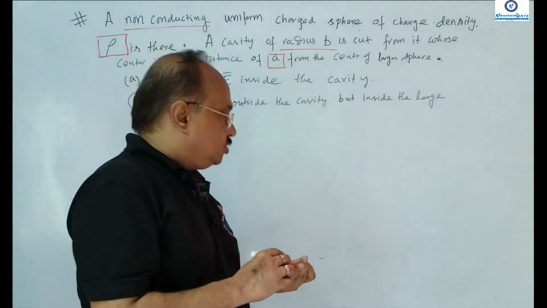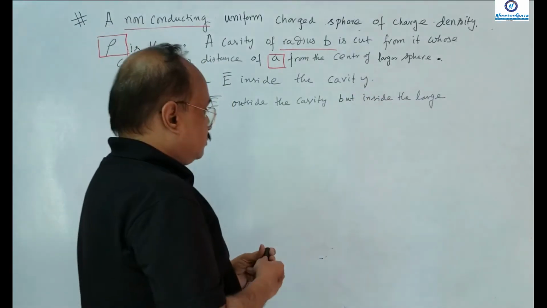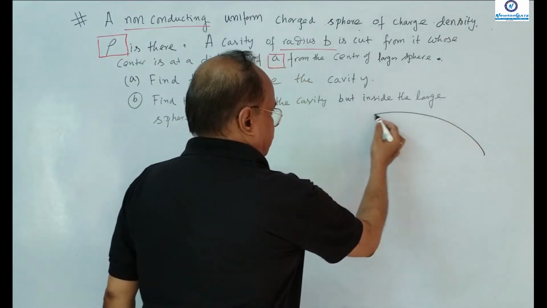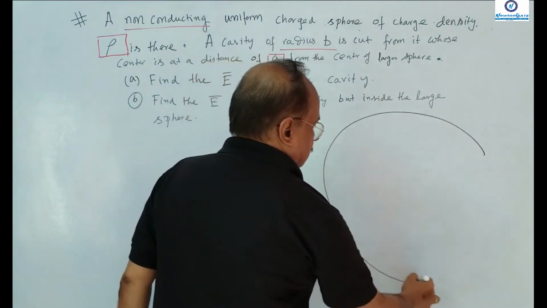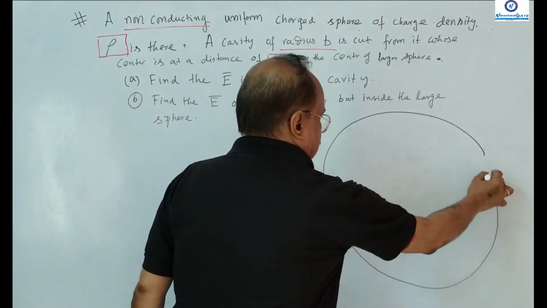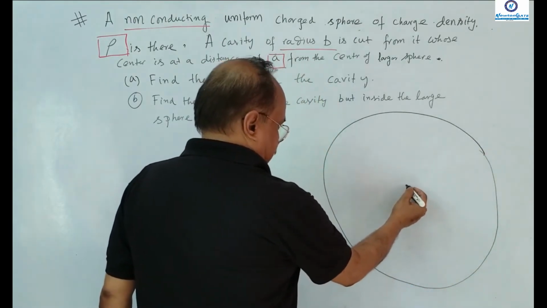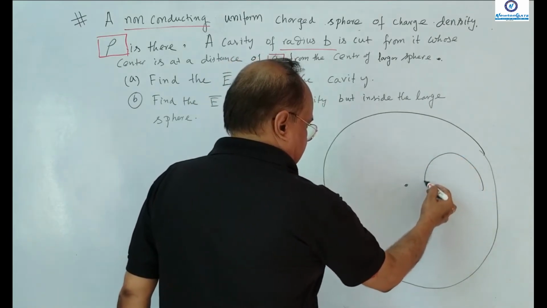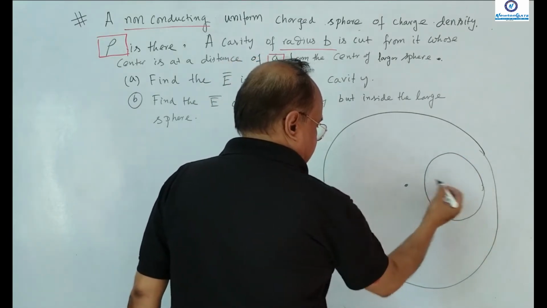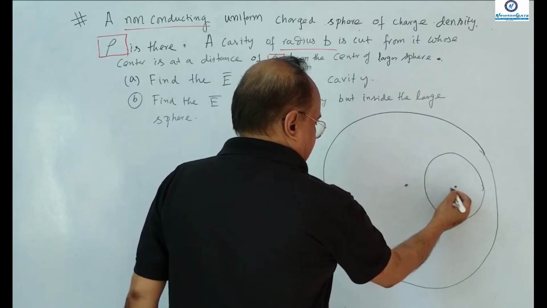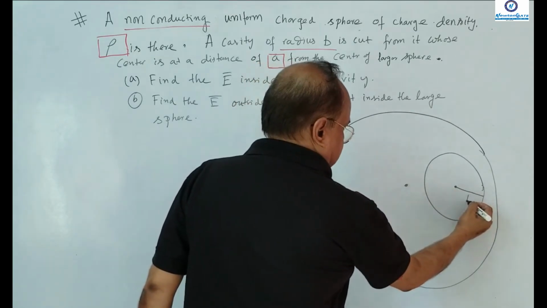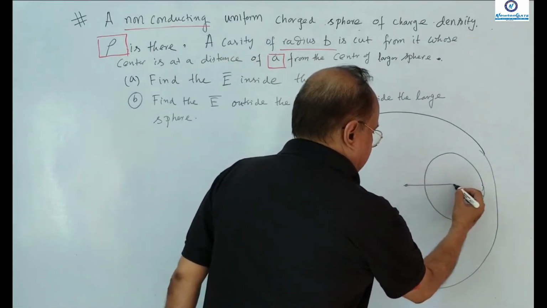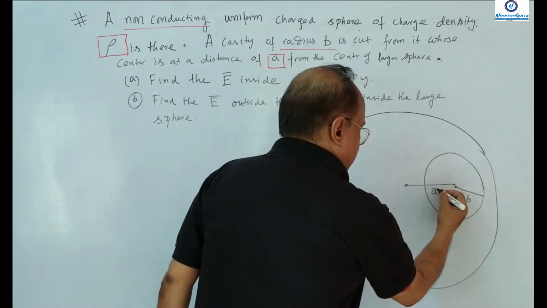Okay. Just now, you see this is our sphere, and this is the center of it, and there is a cavity. As I told you, this cavity's radius is b, and the distance between the centers is a.